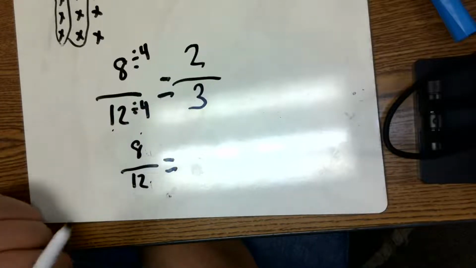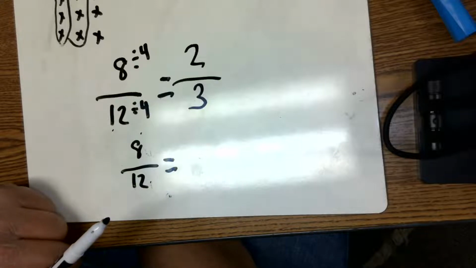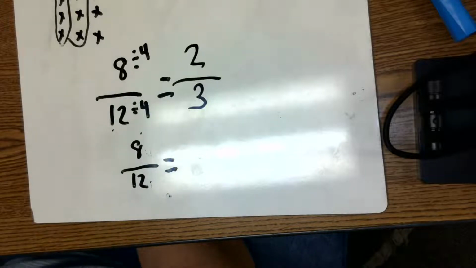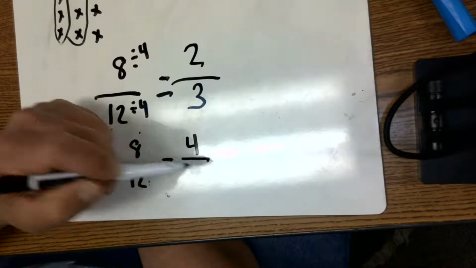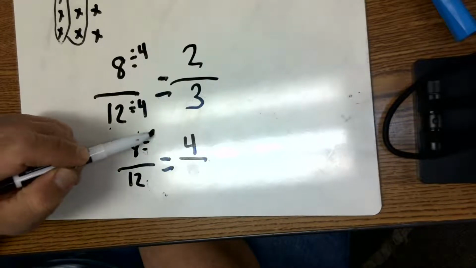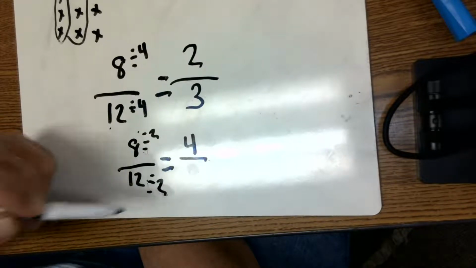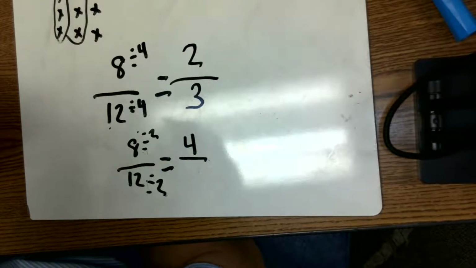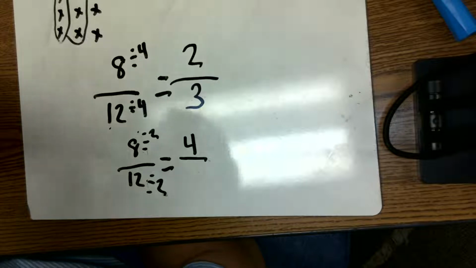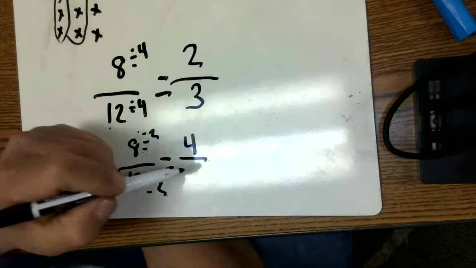How many times does 2 go into 8? 4. 4 times, yes. And 12 goes into 2 how many times? 6.